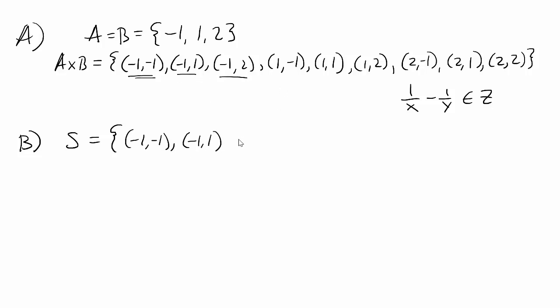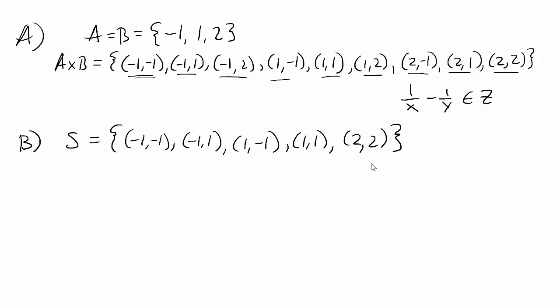When you plug these values in, that would not be an integer, because you'd end up having a 1/2 you're subtracting. And this would be an integer when you plug those in. This would result in an integer when you plug it in. This would not result in an integer because of a 1/2 involved. Same thing here, same thing here. This last one would be an integer though, because it would be 1/2 minus a half, which is 0, still an integer. So that one would be included. So those are the elements in this relation.